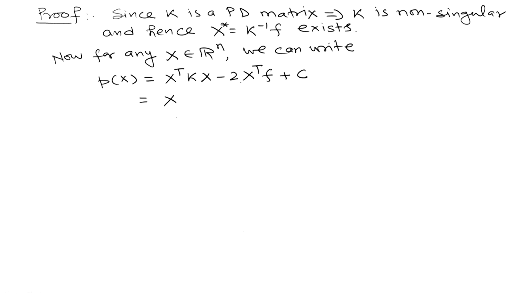This equals x transpose K x minus 2 x transpose, and from here I can write f equals K into x star.